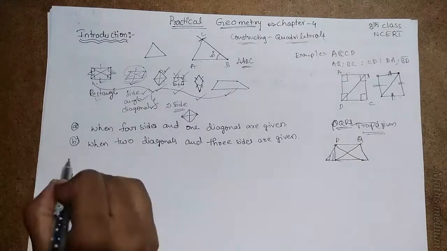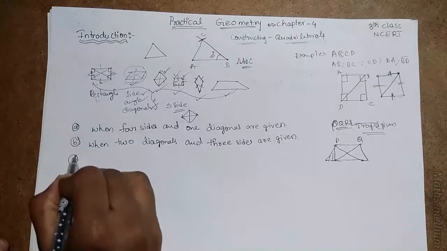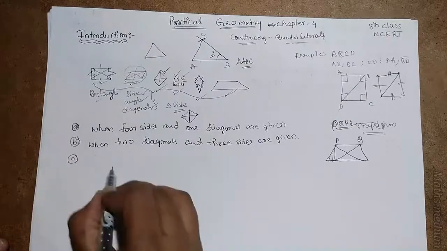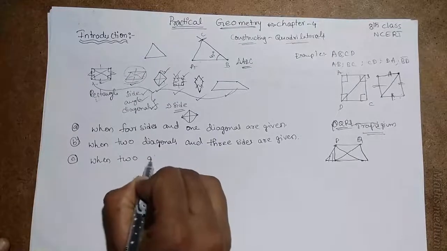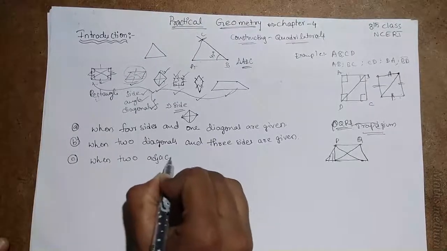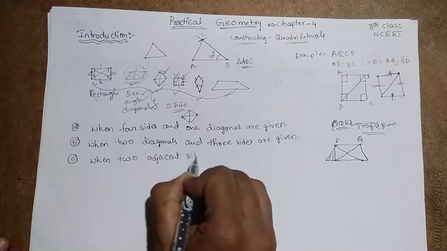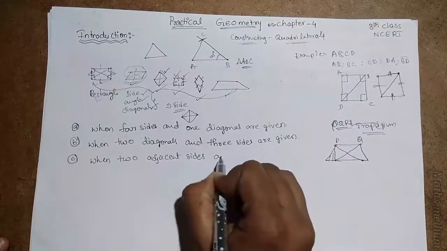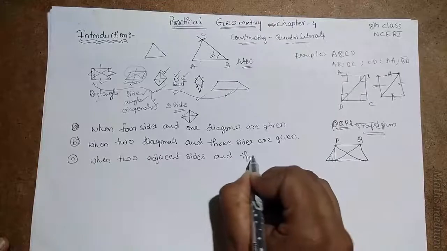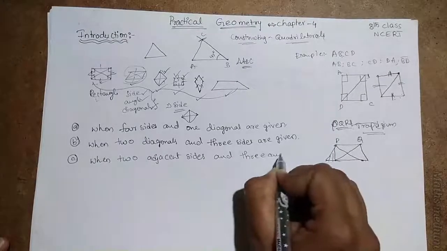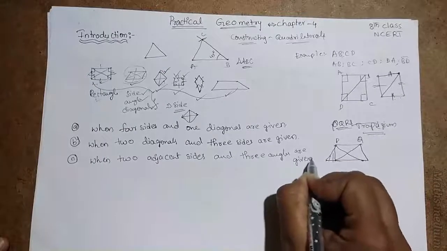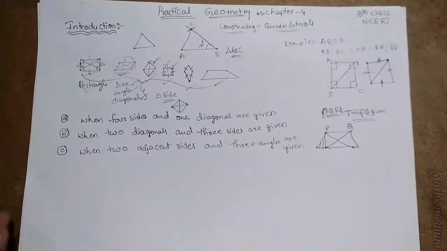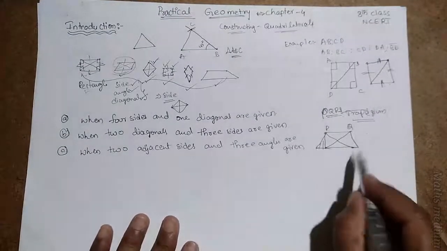Next, coming to the C, another type, when 2 adjacent sides and 3 angles are given. So 2 adjacent sides and 3 angles.